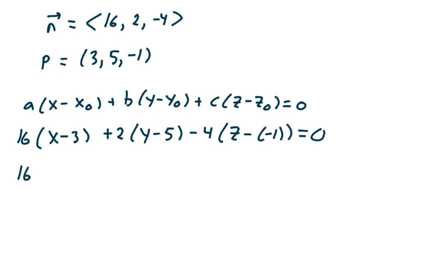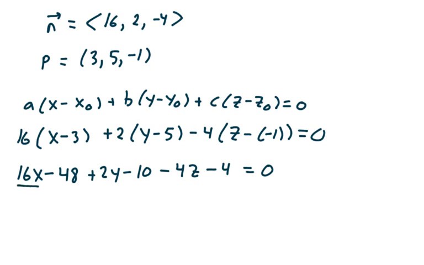So 16x minus 48 plus 2y minus 10 minus 4z minus 4 equals 0. And I require that we simplify, right? And so what am I going to do first? Every term has a factor of 2. So I'm going to divide everything by 2 to make this look a little bit easier.